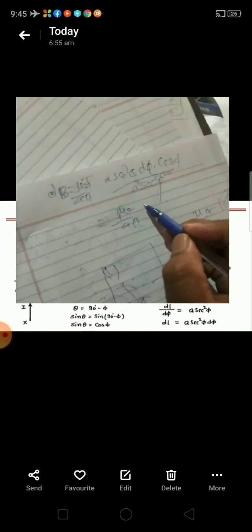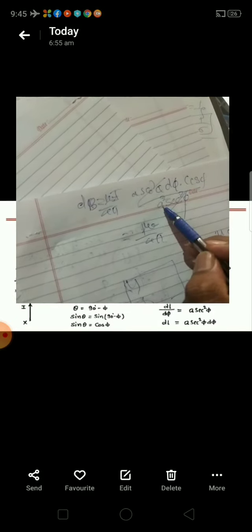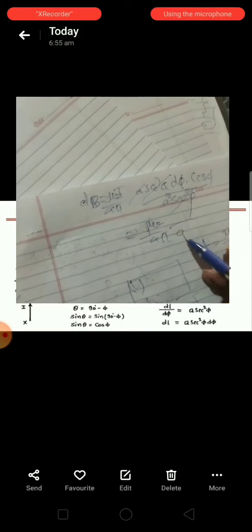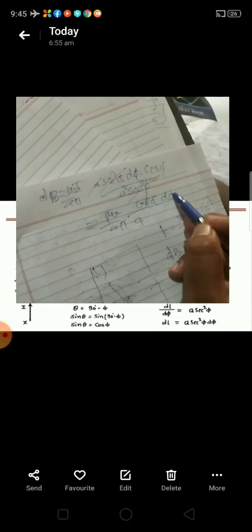So mu naught divided by 4 pi I, sec square and sec square get cancelled, one of the a is cancelled, so a remains in the denominator, and in the numerator cos phi into d phi remains. So this is the magnetic field dB.